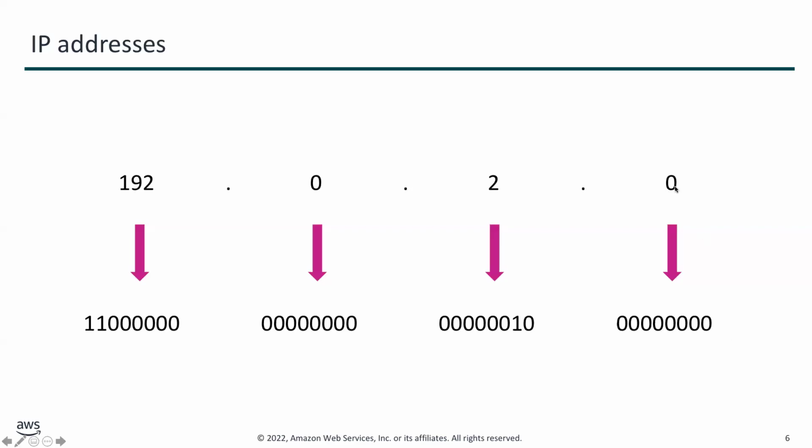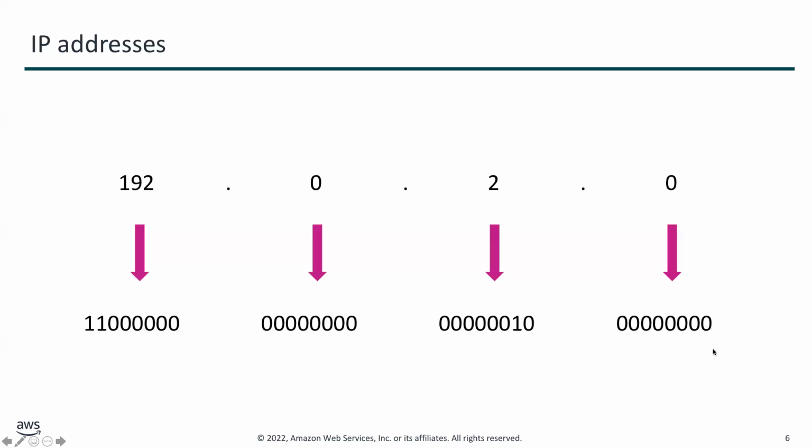To represent a number from 0 to 255 in binary, you'll need 8 bits. Now, how are these bits read? This is 2 to the power 0, this is 2 to the power 1. You start from the least significant bit and go all the way to the most significant bit.